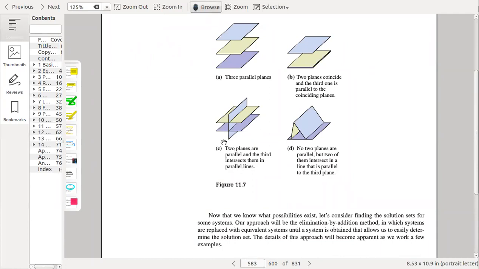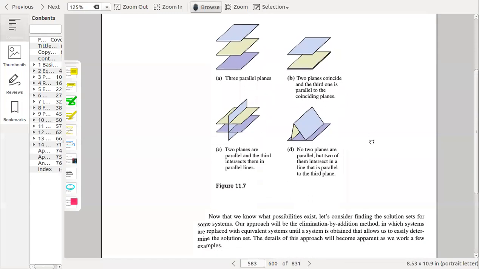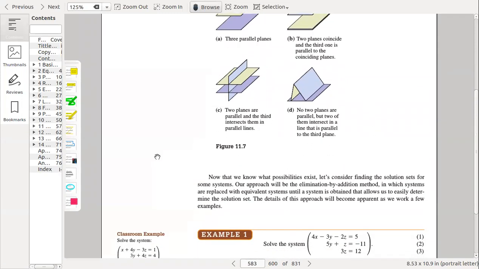So that is why there is no common point between the three planes. And also this is a situation where no two planes are parallel, but two of them intersect in a line that is parallel to the third plane. So these are four situations where there is no solution.